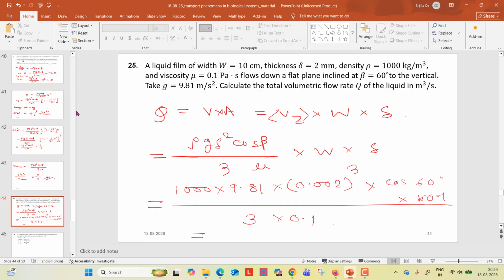So it is coming as 1.308 into 10 to the power minus 5 meter cube per second. Okay, this is the answer. Next.